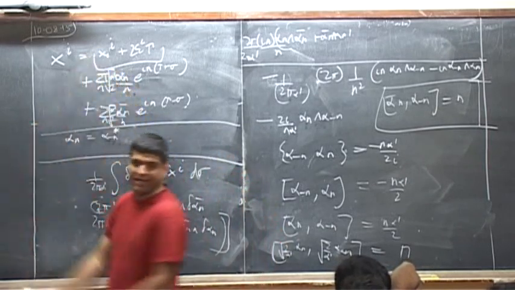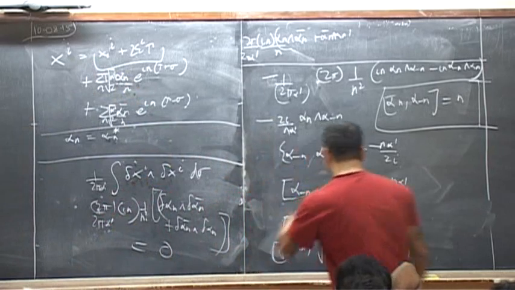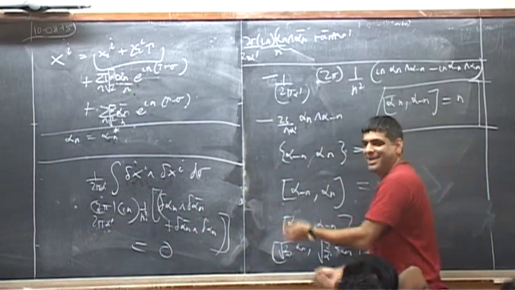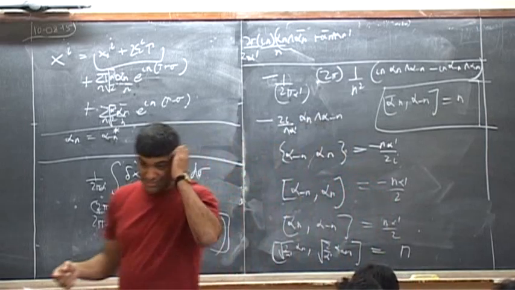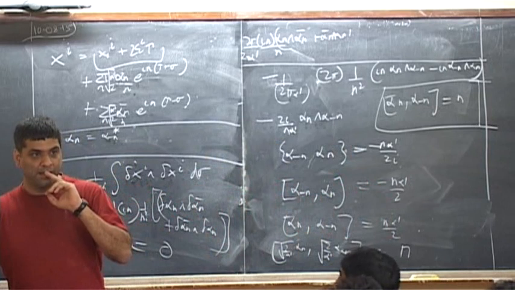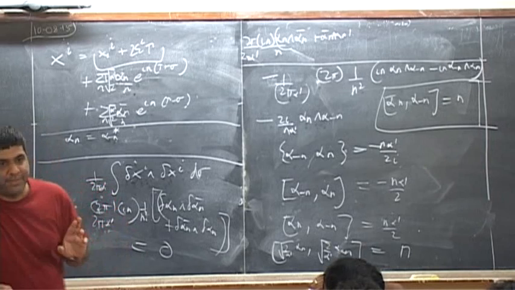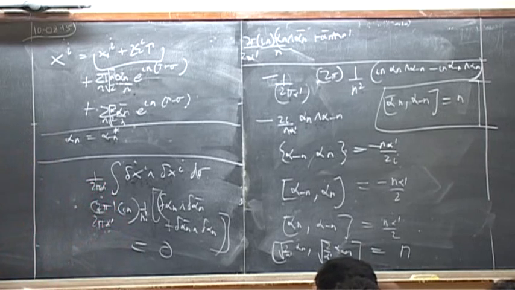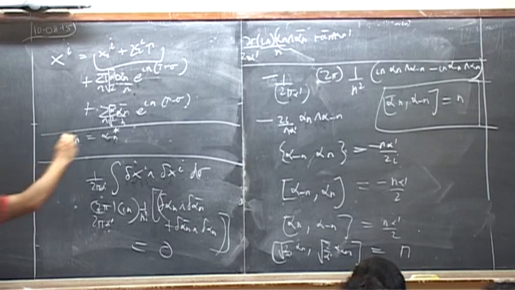So if we put a factor of i, it will change nothing in the commutation relations. I messed up the sign again. Oh god, I messed up my signs. You're right, we need this for reality.